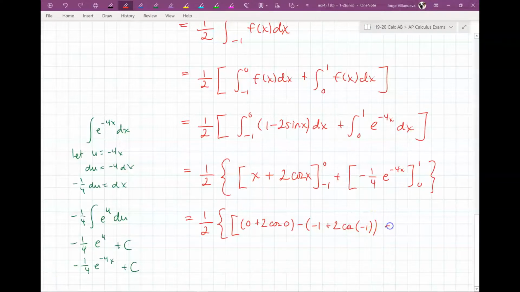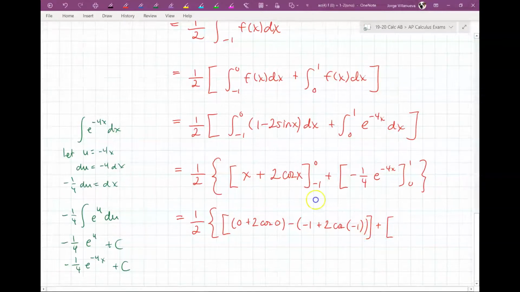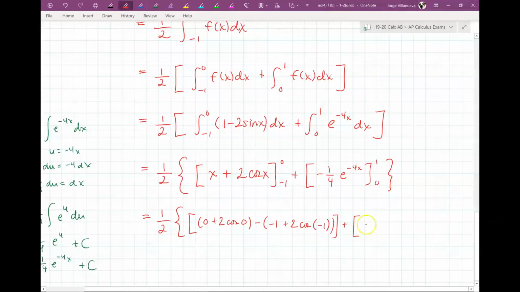Actually, hold on, give me a second. This would be right here, and that goes here. If I plug in a 1, I get a -1/4 e to the -4, minus a -1/4, so that's a plus e to the 0.